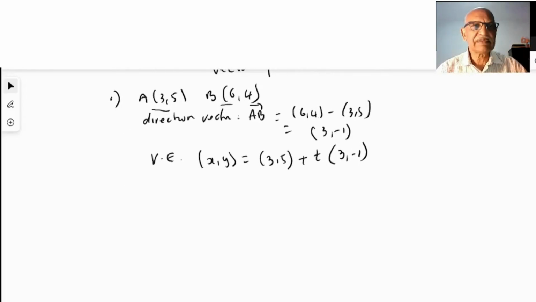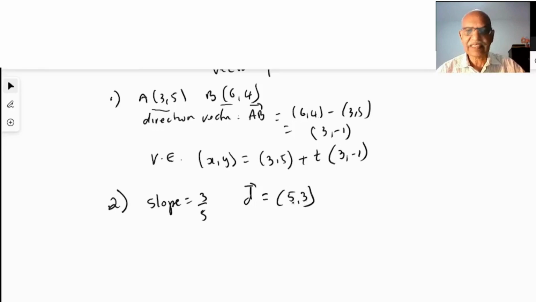Now number 2: we are given a slope of 3/5. If the line passes through (0, 0), the slope is the difference in y over the difference in x, so the direction vector is (5, 3).